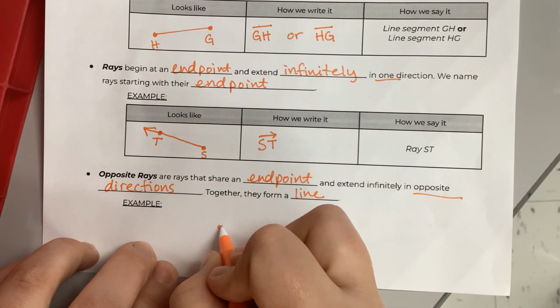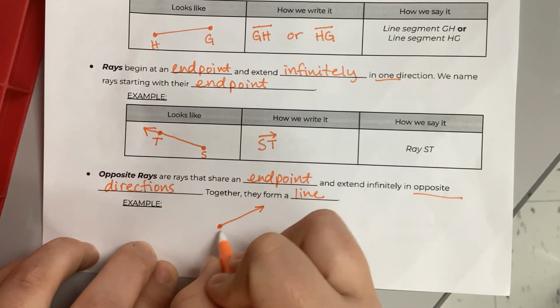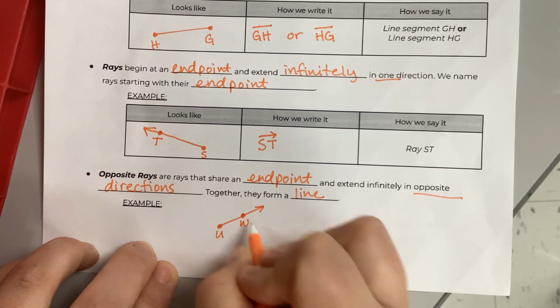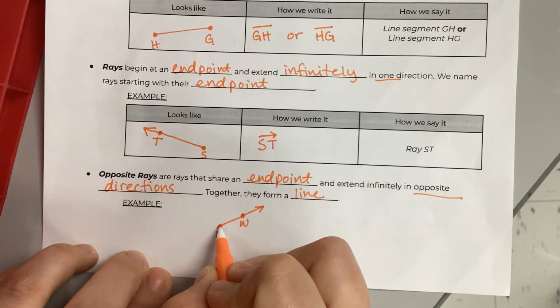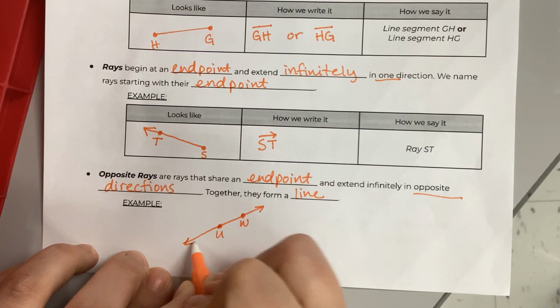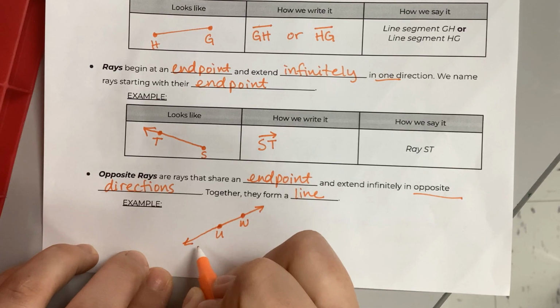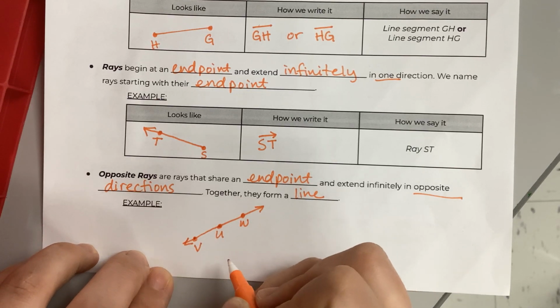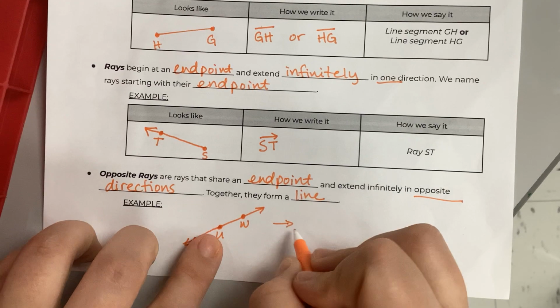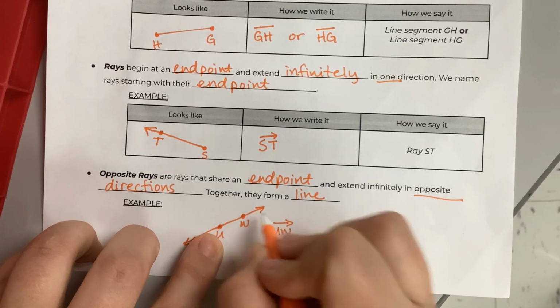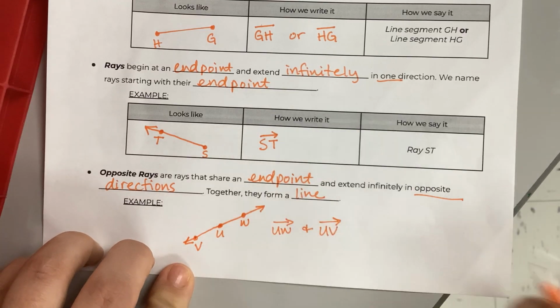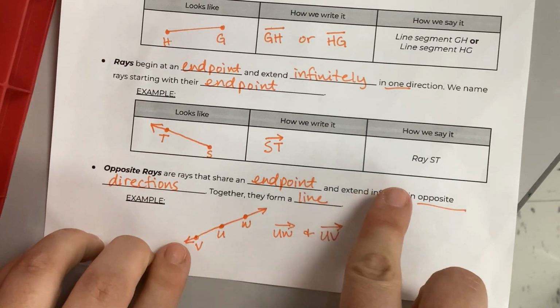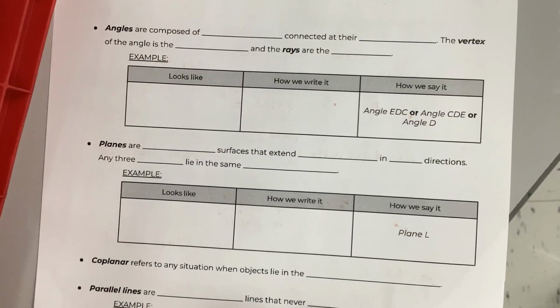So let's say I have this ray UW, starts at U, goes towards W, and then the ray that starts at U and goes in an opposite direction through V. So we would say ray UW and ray UV are opposite rays. They go in opposite directions. Okay.